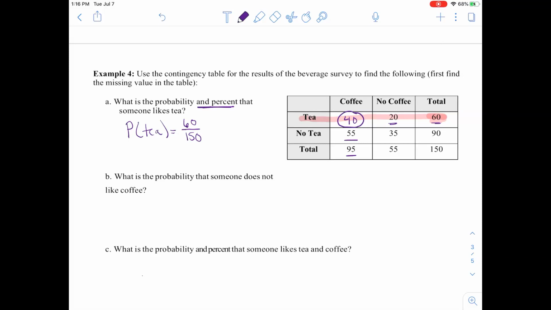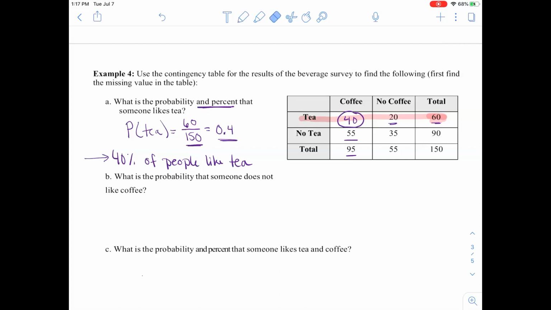Now, if the instructions say they want it as a decimal, in my calculator, I'm going to do 60 divided by 150, and I get 0.4. I know how to convert that to a percentage, I hope you all do too. So it would be 40% of people like tea. Again, it all depends on how the question's being asked. If they want probability, I would list this. If they say I want a decimal, I'd list this. And if it said I wanted percentage, I'd move the decimal place 2 places.